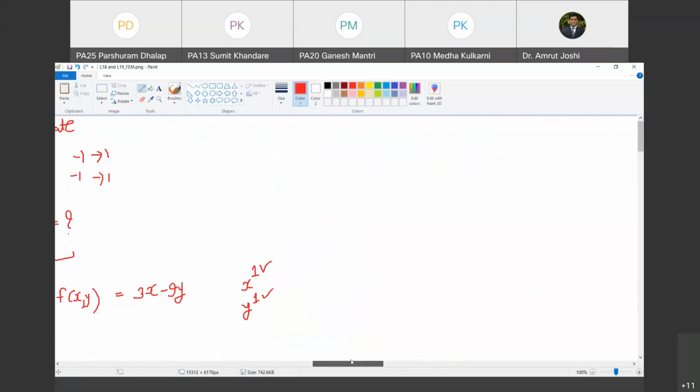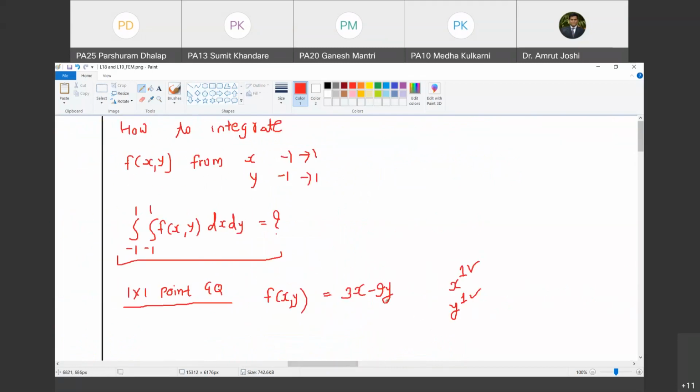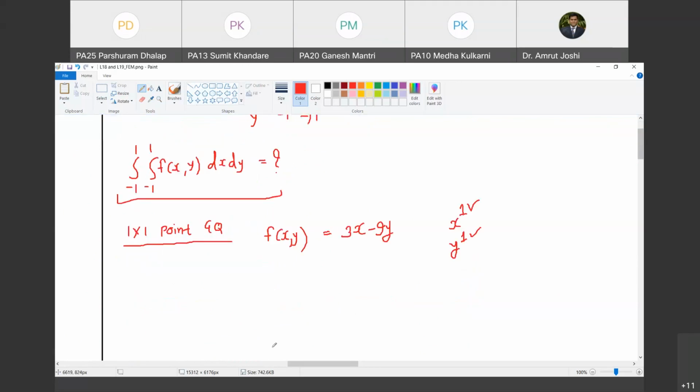So the first thing you do is decide the highest degree of x and y, and then which point Gauss quadrature you would use in x and in y. You are going to take that call. In both cases, I would have used 1 point Gauss quadrature. So I call it 1 cross 1 point Gauss quadrature. Are you with me?